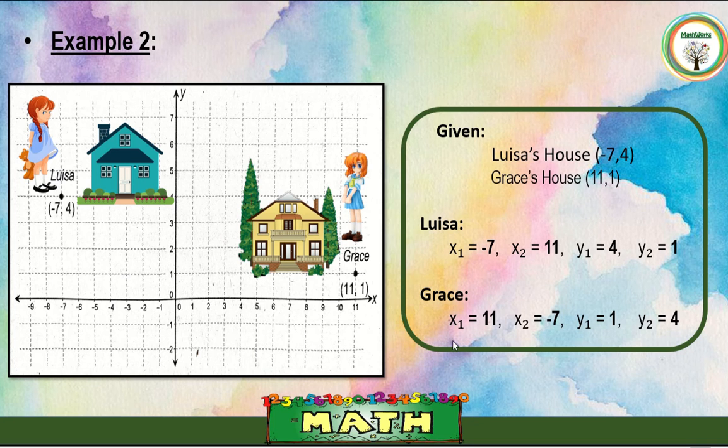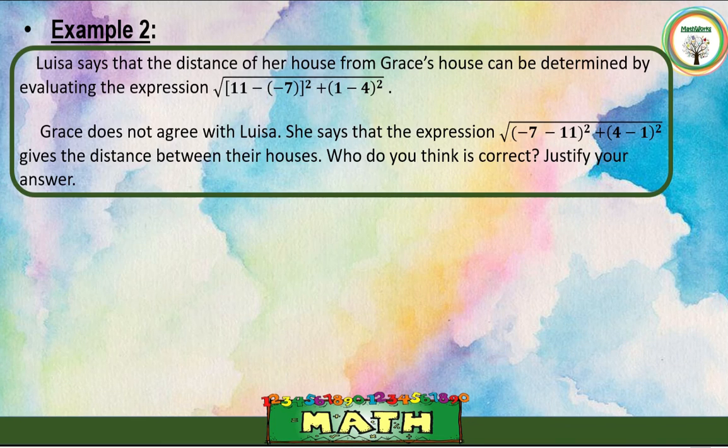While Grace uses 11 as her x sub 1, negative 7 as x sub 2, then 1 is y sub 1, and 4 is her y sub 2. Okay, so let us see whose answer is correct. So let's have first the solution for Louisa's expression.